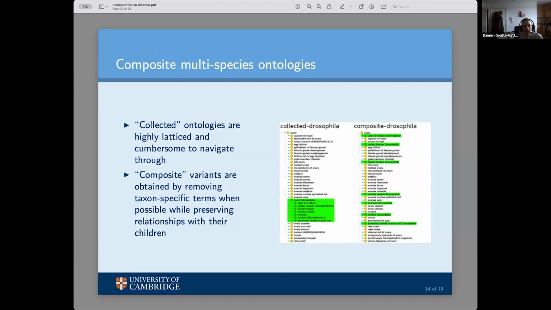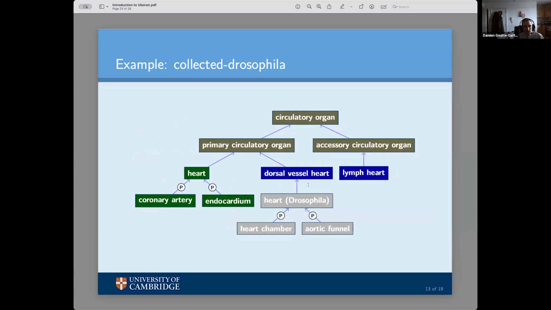So, if we again go back to this example here, once you merge Uberon and FBBT, you end up here with both the term representing the dorsal vessel heart in all arthropods and the FBBT term representing specifically the fly heart. So if you just merge Uberon and FBBT, that's still manageable enough.